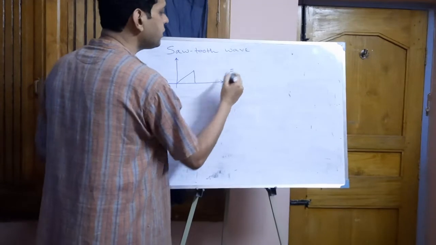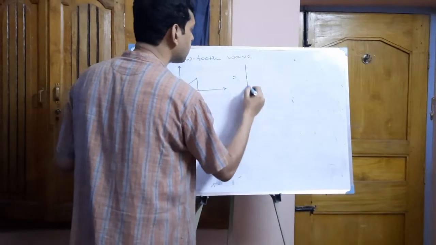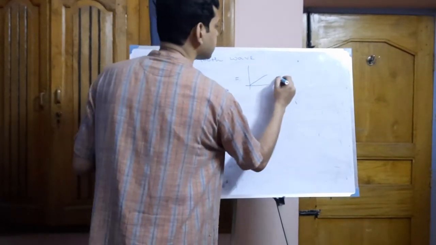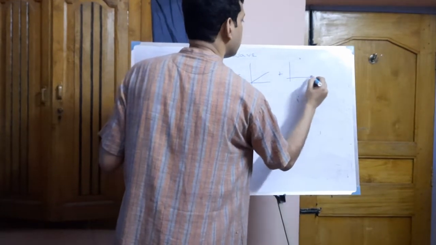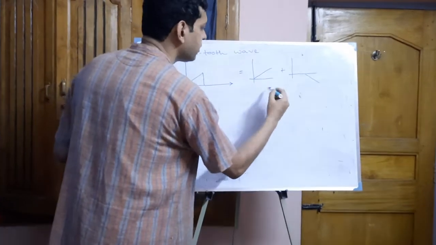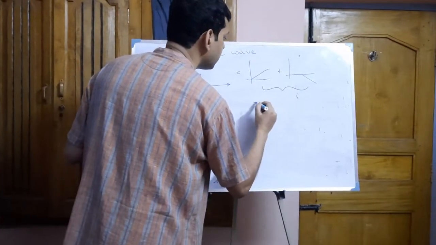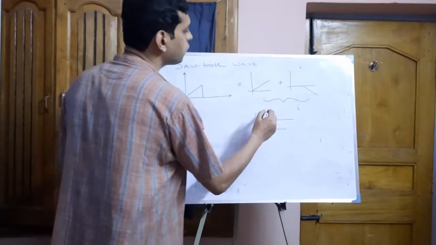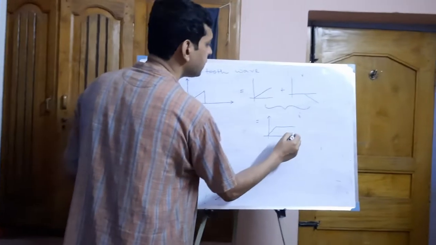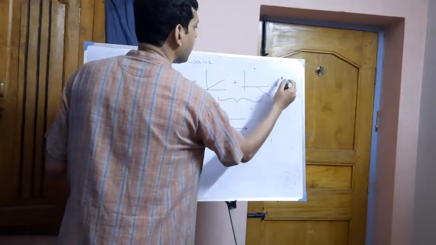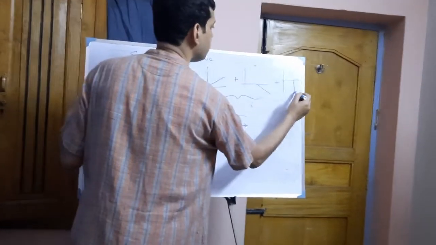Okay, now this can be expressed as a sum total of these three, this one plus this one, and if we add only these two, we will get this one. In the previous example, we saw that if we add these two, we will get this one. So in order to get this one, we have to add another function, which is this one.